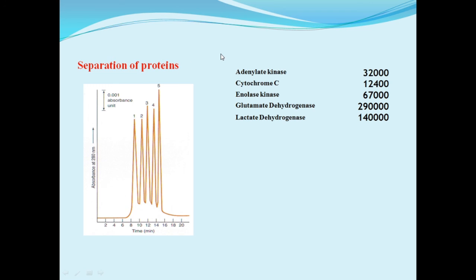These are the applications of size exclusion chromatography. Here are the 1, 2, 3, 4, 5 peaks. Absorbance at 280 nanometer. Absorbance versus time. These are the molecular weights of different proteins.